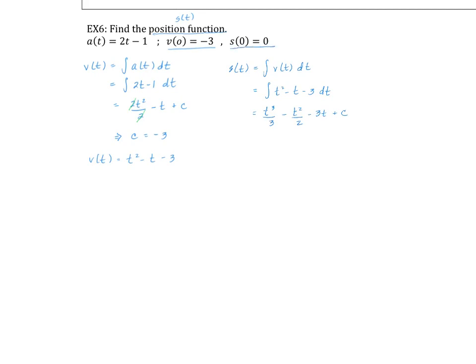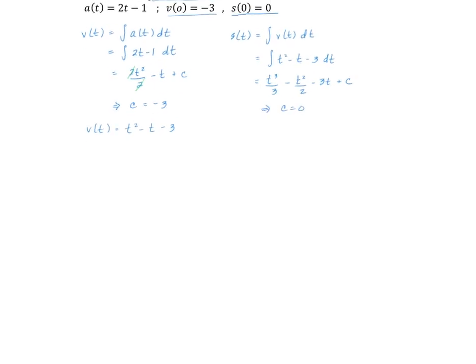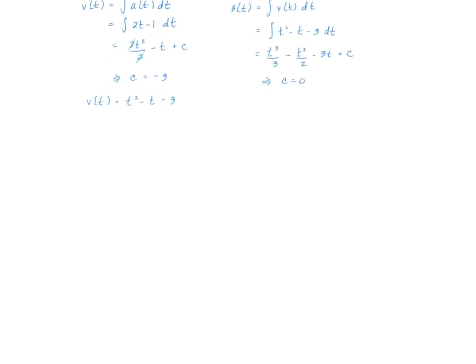And since my initial condition says that s of 0 is 0, that tells me that my constant has to be 0. So finally, our position function is going to be equal to 1/3 t to the third minus 1/2 t squared minus 3t, and the constant was 0. So we're done. This is our position function.